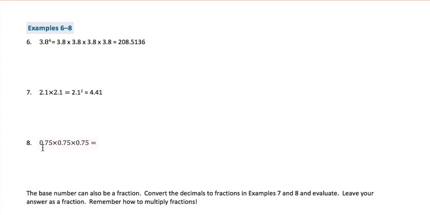In number 8, we have 0 and 75/100ths times itself 3 times. So written in exponential form, we would have 0 and 75/100ths to the 3rd power.